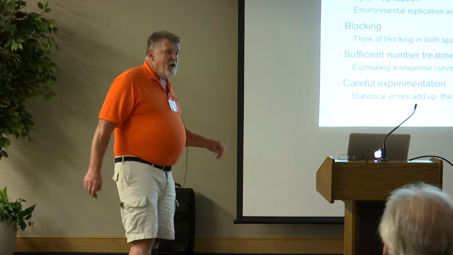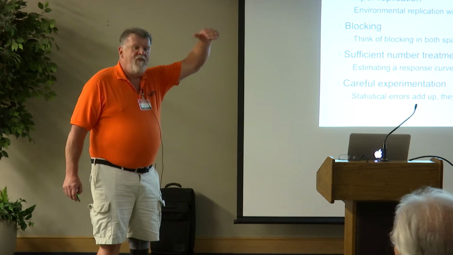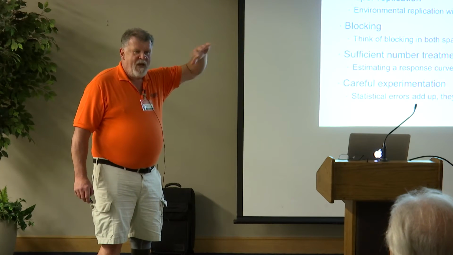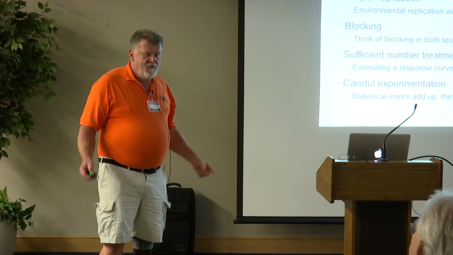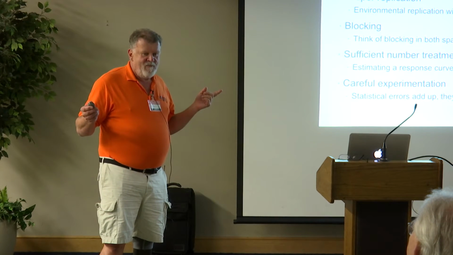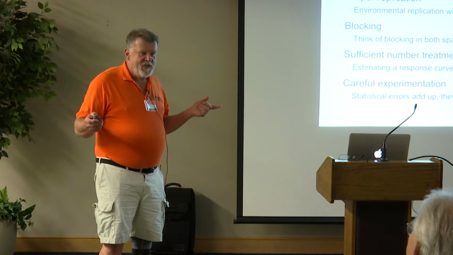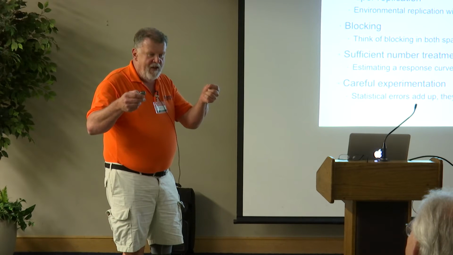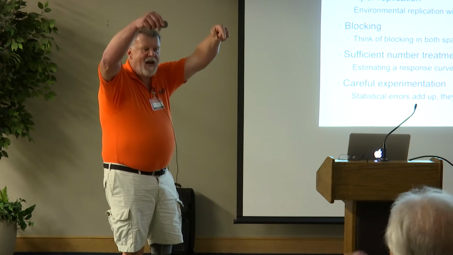If you're doing a response curve, you have to have enough treatments that you can actually estimate the shape of the curve. If you have only 2 points, every relationship is linear. You don't know what's going on. If you have 3 points, then you can estimate the linear relationship and the deviation from linearity. It's not quadratic because you don't know the higher dimensions.